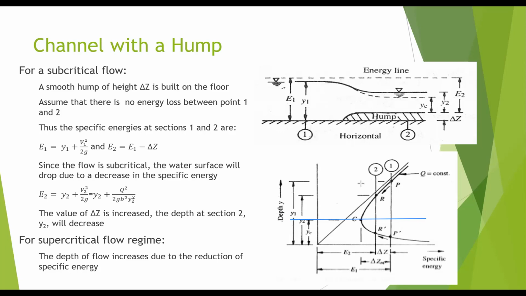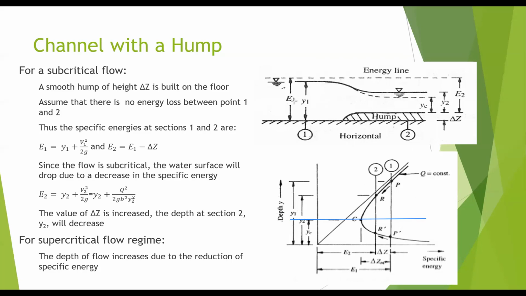For point 1, y1 is your original depth, and when you go to position 2, after reducing delta z, the height of the hump, you are going to see that you will experience a slightly lower value than the original depth. It is going to be y2.